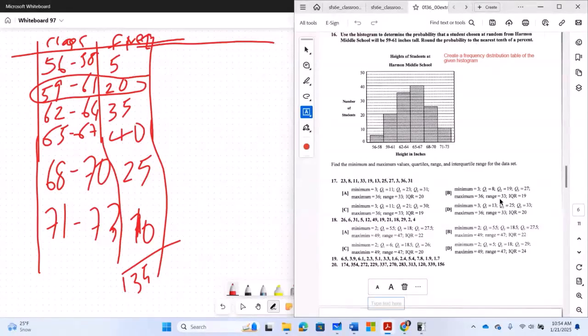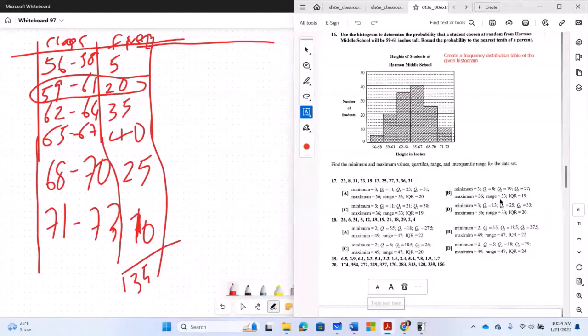And then we also calculated the cumulative relative frequency. We checked to see if the data is skewed right or skewed left. We remember that when data is skewed right, the mean is greater than the median. When the data is skewed left, the mean is less than the median. And then we calculated the class midpoint. The class midpoint is the lower limit plus the upper limit, divided by 2.